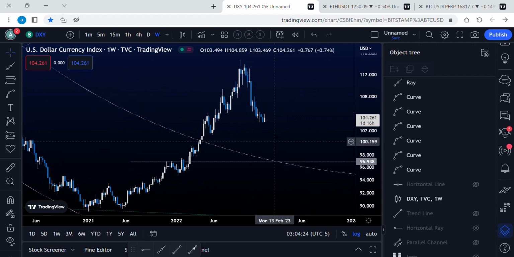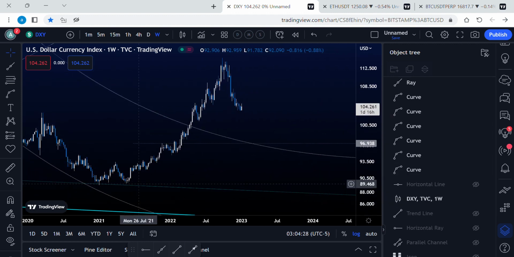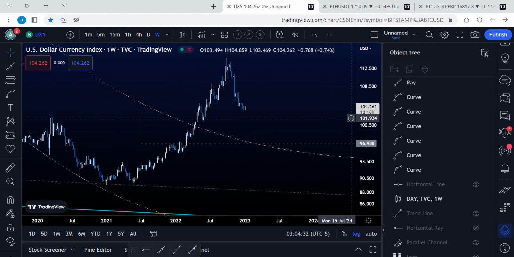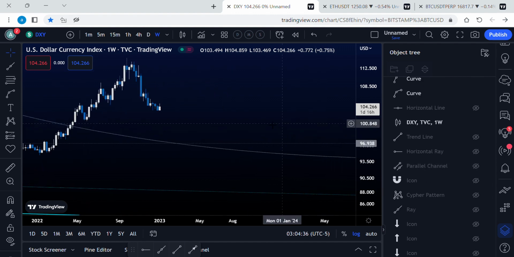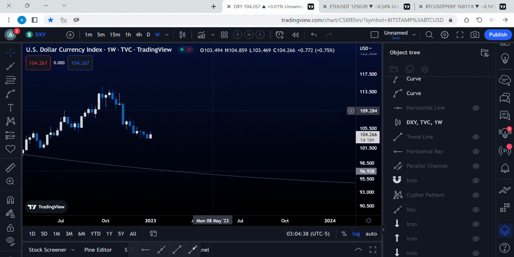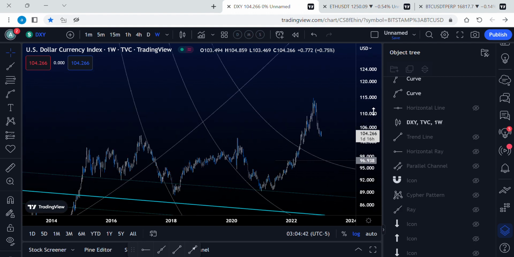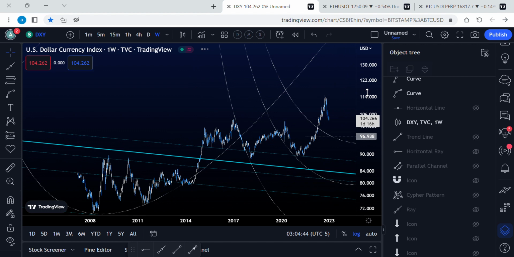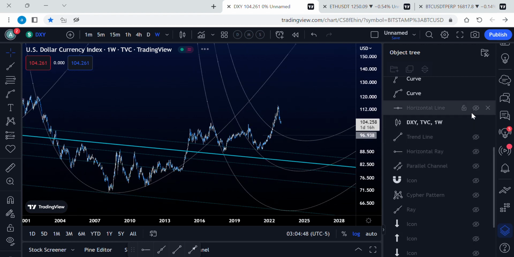Okay, and now we are in the retrace. So we can take. I won't do it with Fibonacci. That's for the next part. But if we go deeper, like this, we can see we have a nice trend.